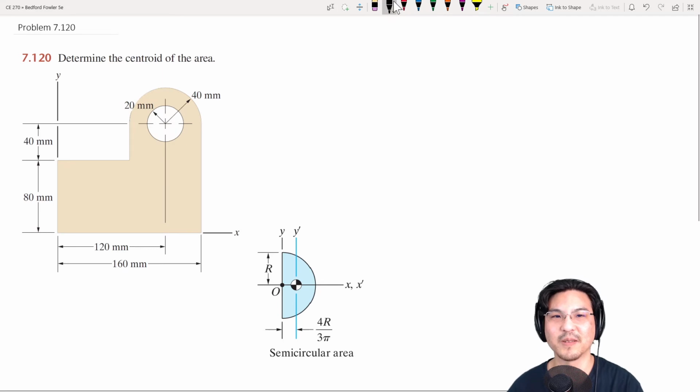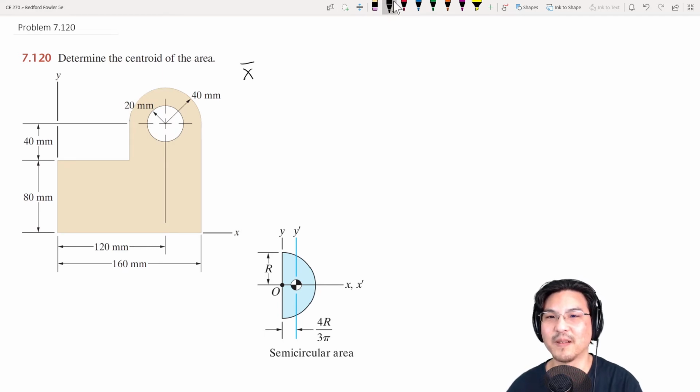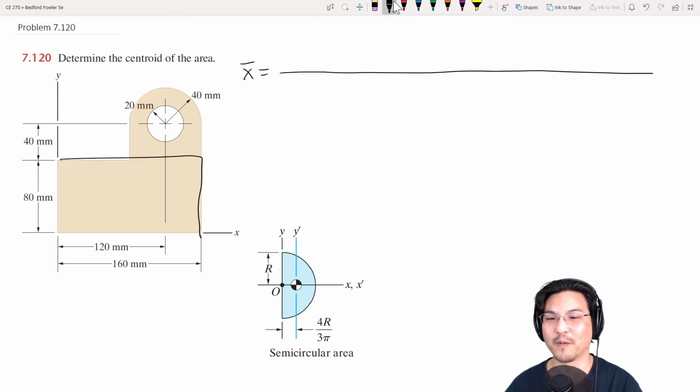Let's start with the x component. This is an area weighted mean position. So let's start with the x component of the centroid for this rectangle, which is right here. That would be half of 160.